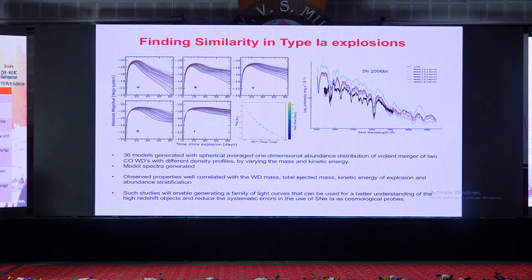And also the model spectra have been generated, and we find that the observed properties are well correlated with the white dwarf total mass, the total ejected mass, kinetic energy of explosion, and the abundance stratification. So basically such studies will enable generating a family of light curves that can be used for better understanding of the high redshift objects, and also reduce the systematic errors in the use of supernovae of type 1A as cosmological probes.